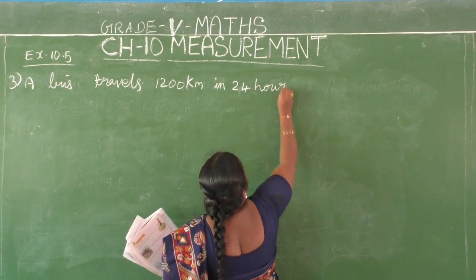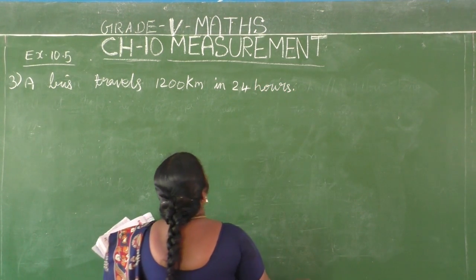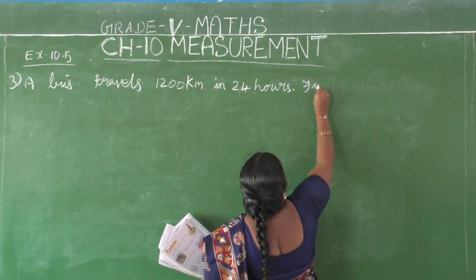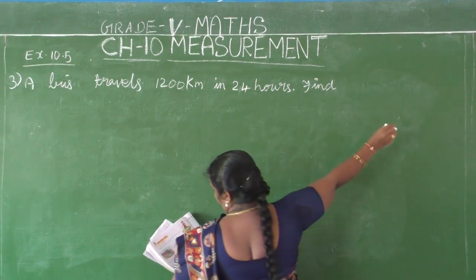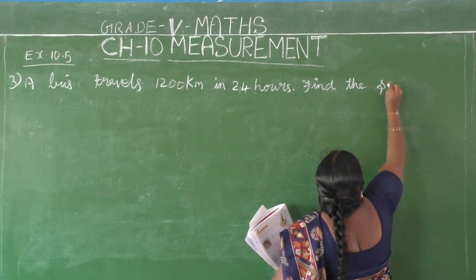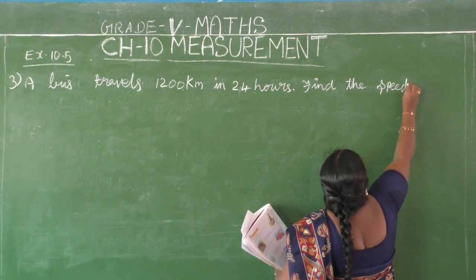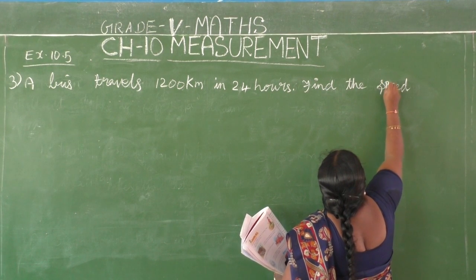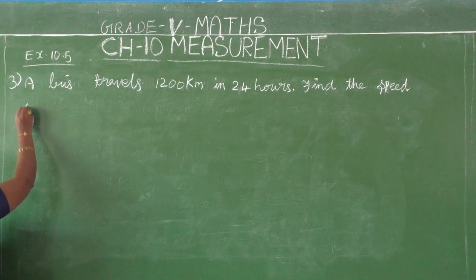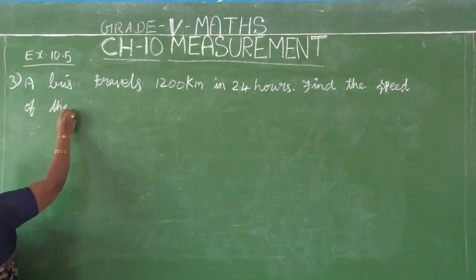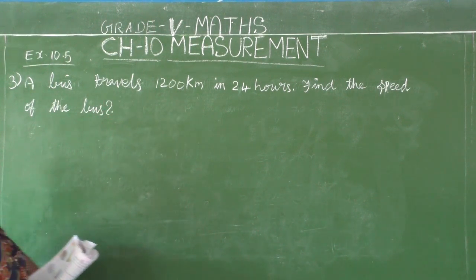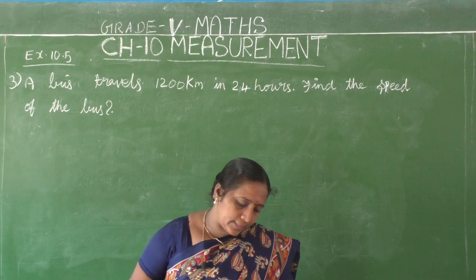Listen, here they gave in 24 hours, the time only they gave. They didn't give for 1 hour. Per hour they didn't give. Find the speed of the bus.